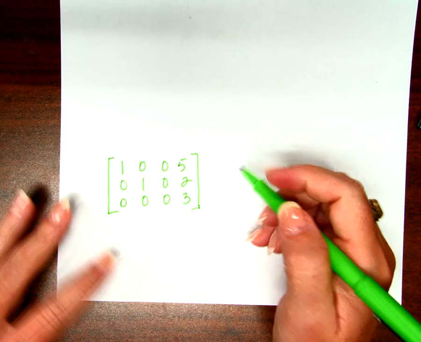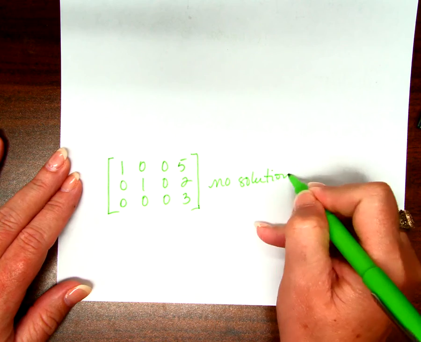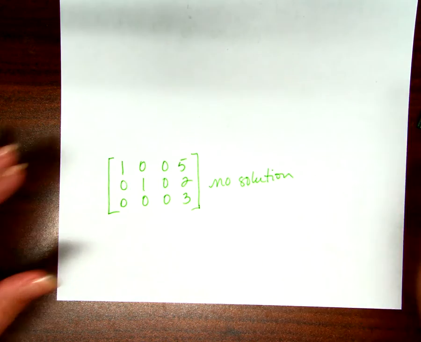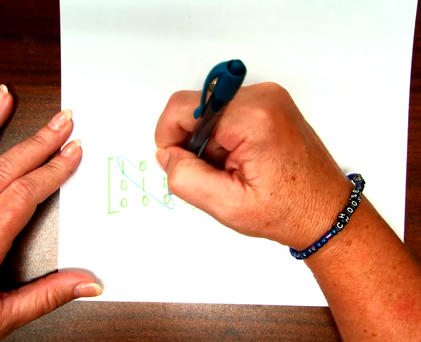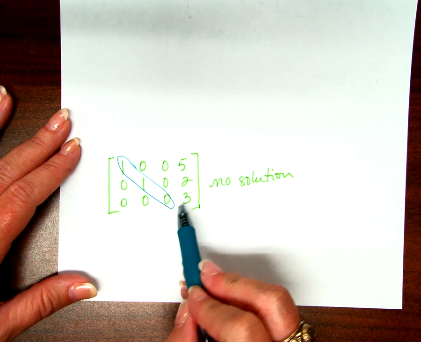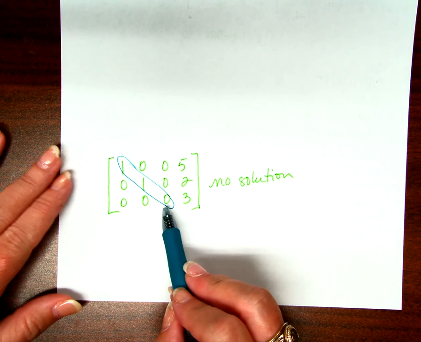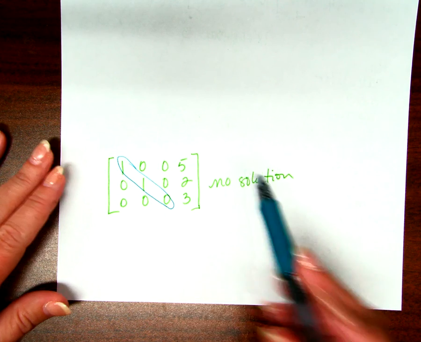That means what? No solution. And why does that mean no solution? This right here has to be a diagonal of ones because it has to say z equals 3, right? There's not a number right there, so it's saying 0 equals 3. Does 0 equal 3? No.